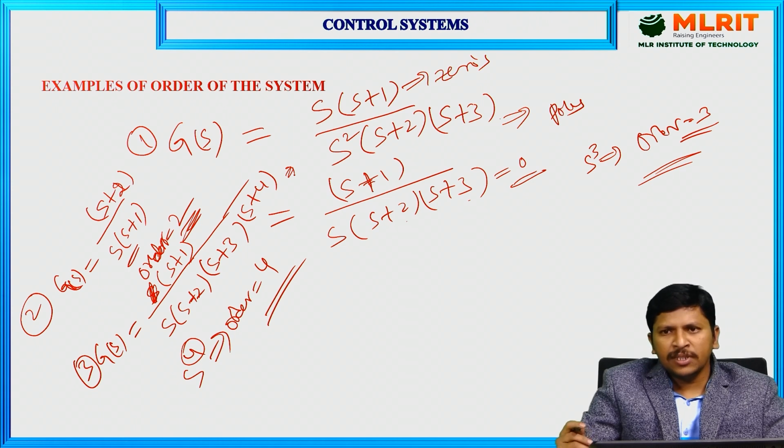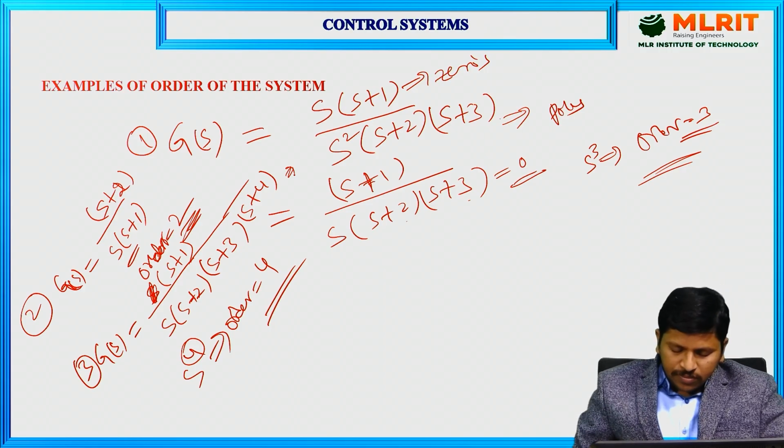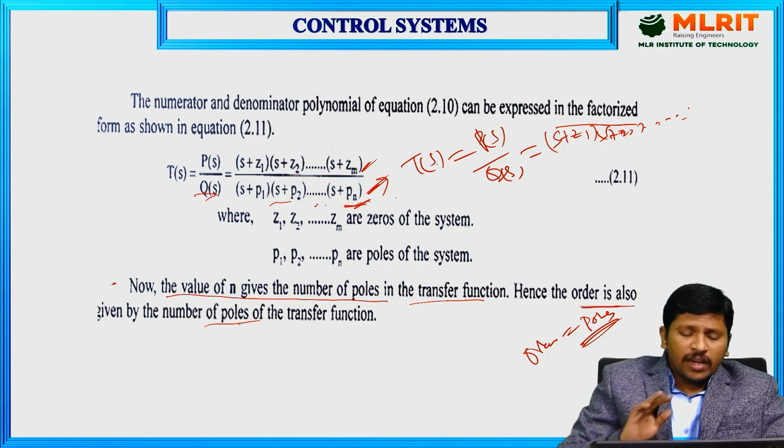The order of the system is generally the maximum power of s. This is how to calculate the order of the system and how to determine it from the given transfer function.